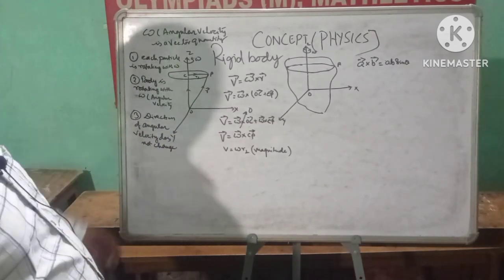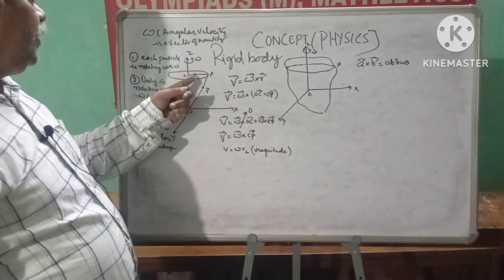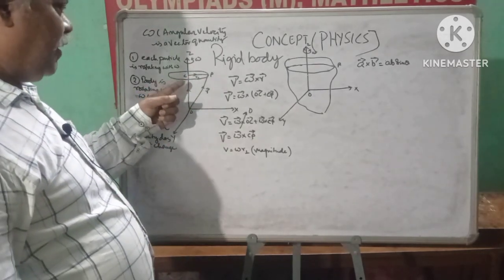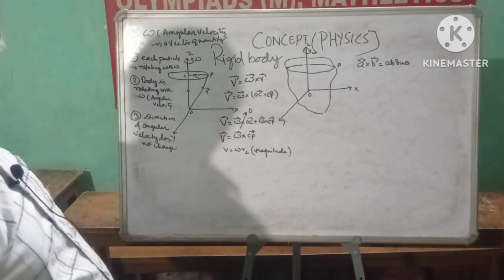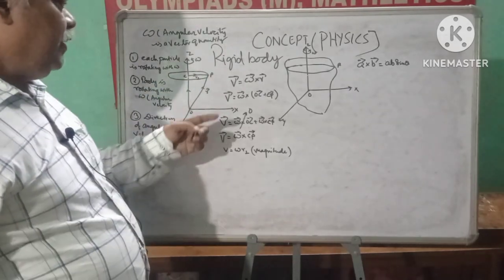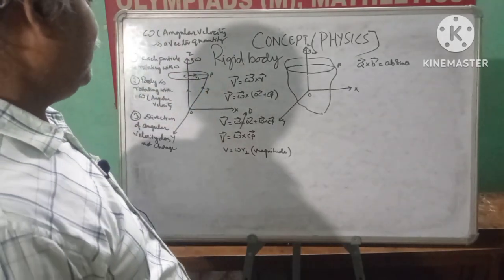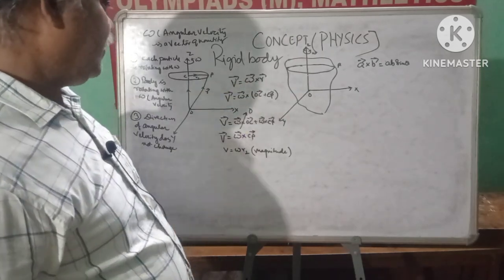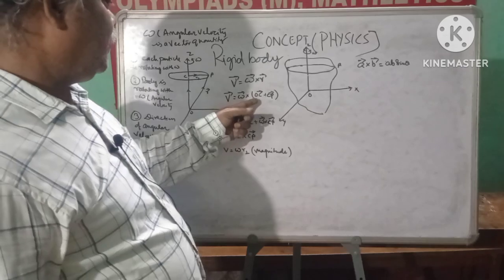So this is the concept. That means each particle of the body is rotating with angular velocity, so the body is rotating with angular velocity. Now here v velocity is equal to omega cross R, where R is the position vector. So v vector is equal to this.